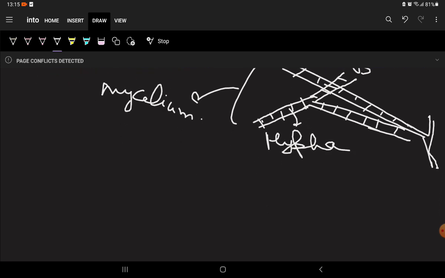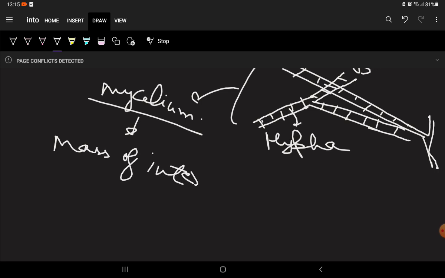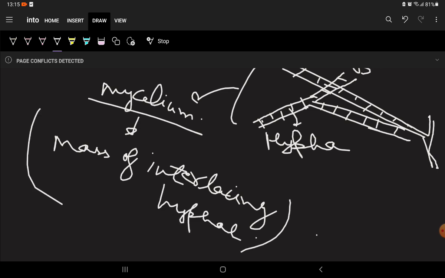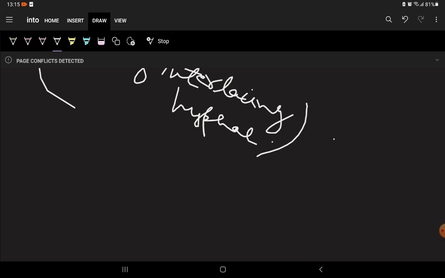Now, so what is a mycelium? Mycelium is the mass of interlacing hyphae. Okay, mass of interlacing hyphae is called mycelium. Now let us talk about reproduction of fungi.